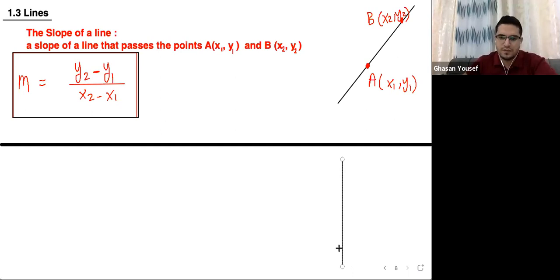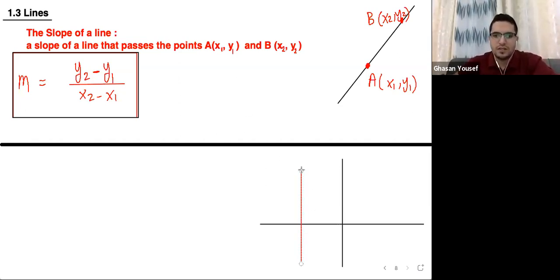This is my Cartesian plane, and I have a line like this, the red one. The question is, find the slope of this line. This line is actually passing through 2 points, this point and this point.